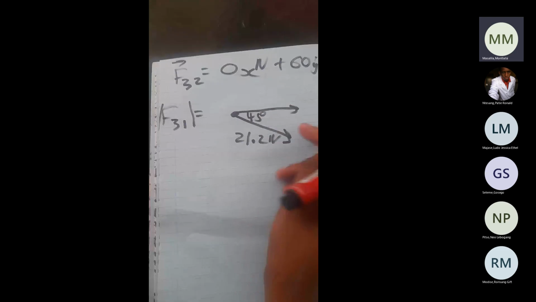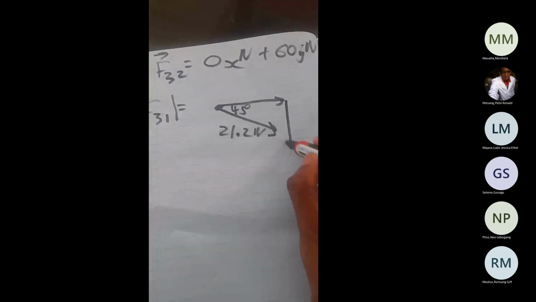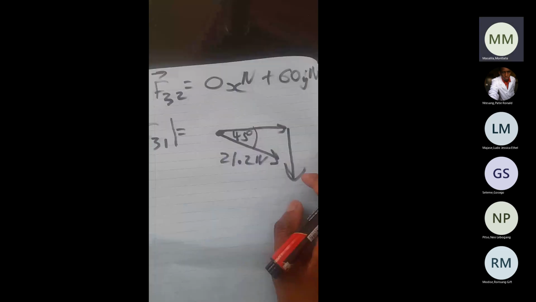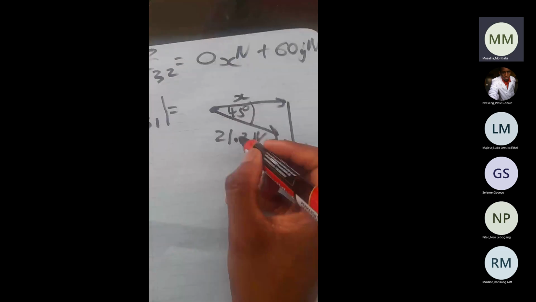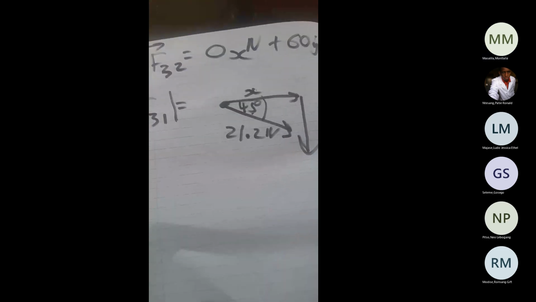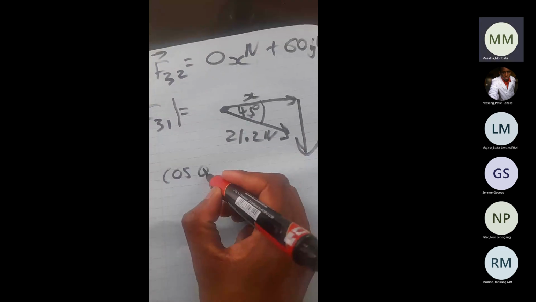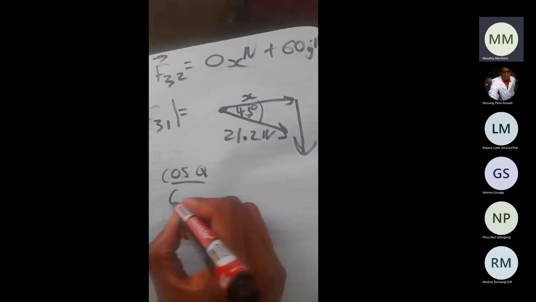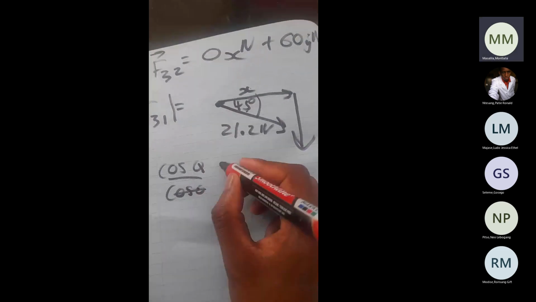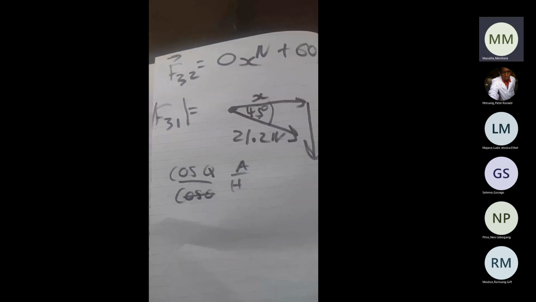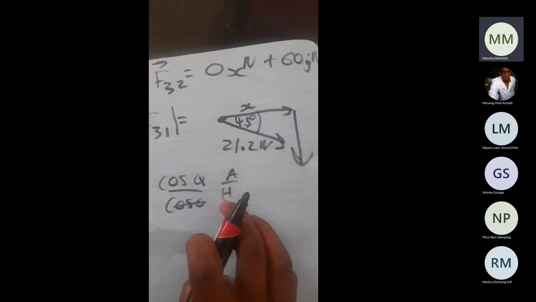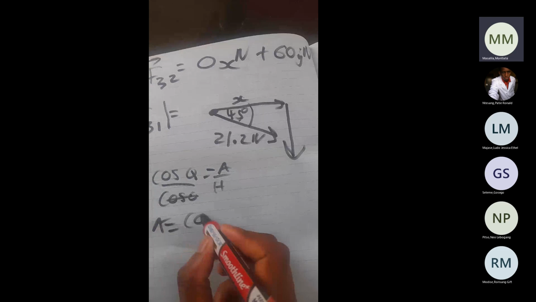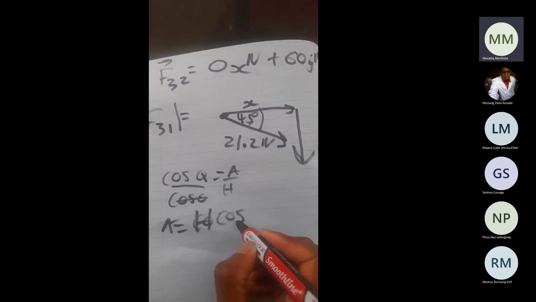So the x component is found using cos. I hope you know how to find the x component. Cos theta is the adjacent side over the hypotenuse, cos is equal to a over h, which means a is equal to h cos theta.